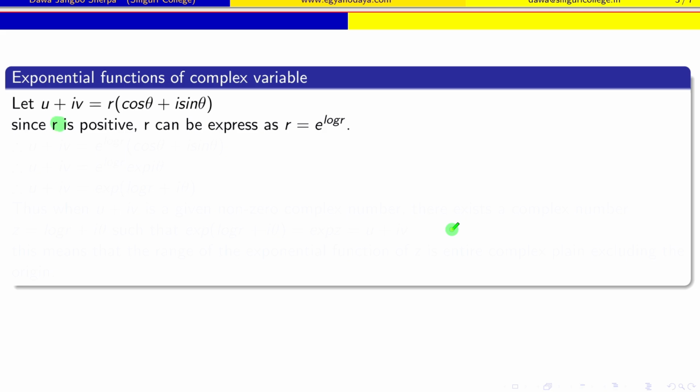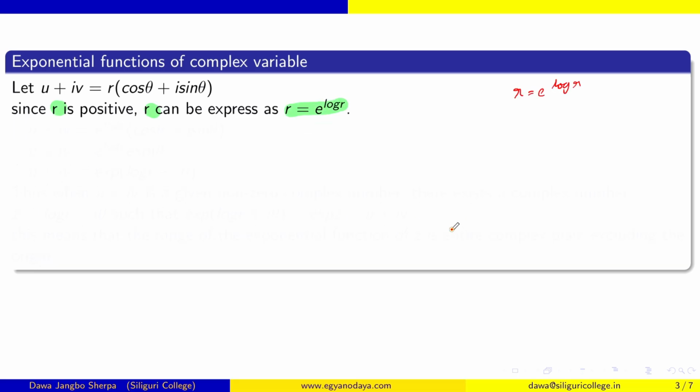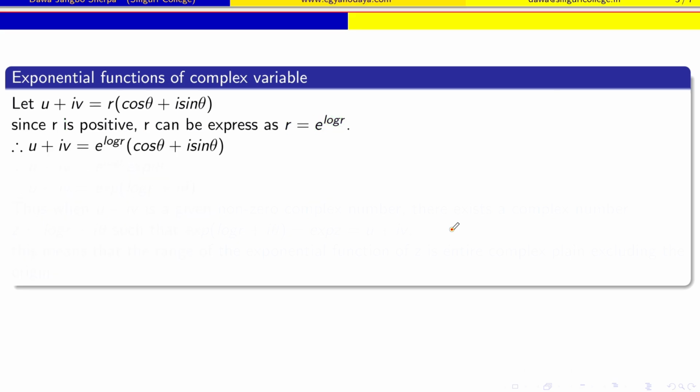Since r is positive, we can write r as e to the power log r. This comes from the formula of logarithm, because we can write any quantity a as e to the power log a. Using this property, we can write r as e to the power log r, since r is positive. So we can replace r with e to the power log r.